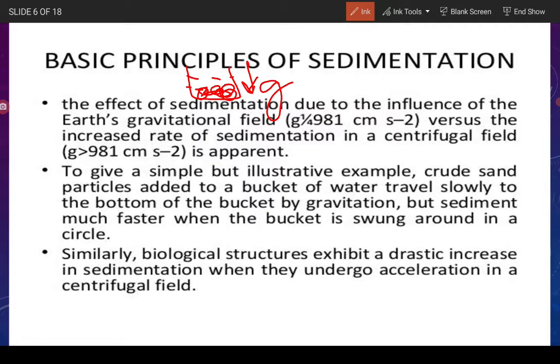But if you swing around the bucket with the sand and water in a circular motion, the sedimentation would occur much faster, right? So due to this centrifugal force towards the center, that's all sedimentation is. We increase the rate of sedimentation by moving the particles in a circular motion and using the centrifugal force. So that's all there is to it.